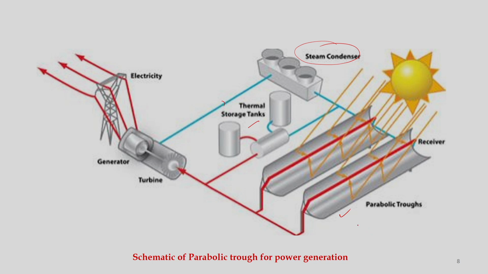So, this is the principle of working by which water can be used as a heat transfer fluid for generation of electricity with the help of the parabolic trough concept. Of course, we can use other fluid, say thermic fluid. Then we need to use some kind of heat exchanger here. Then this will work in a closed loop with water and this will work in a closed loop with thermic fluid.